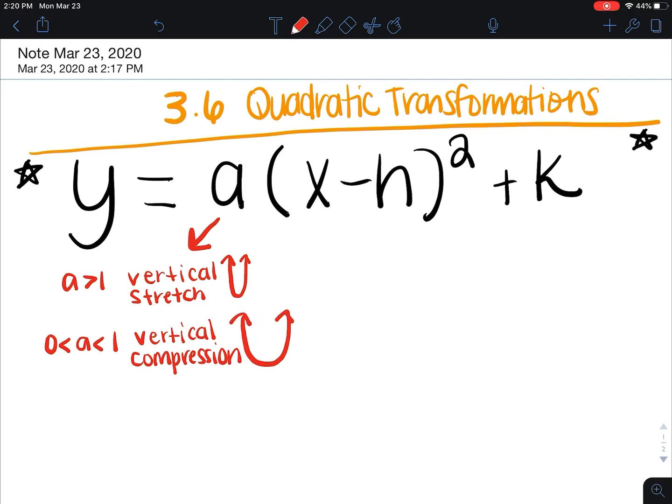And then the last thing with A, if it's a negative value, that is a reflection across the x-axis. So this just flips the graph over. So those are the 3 things that can happen with the A value up front.